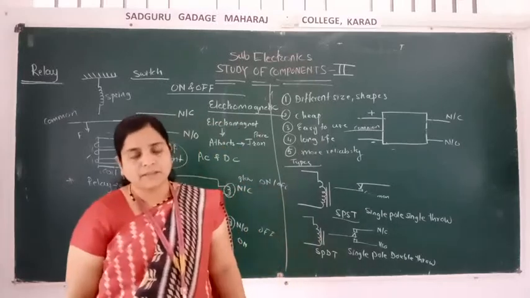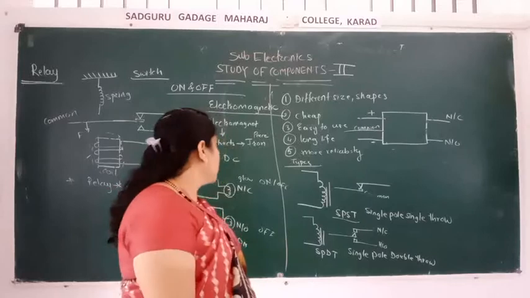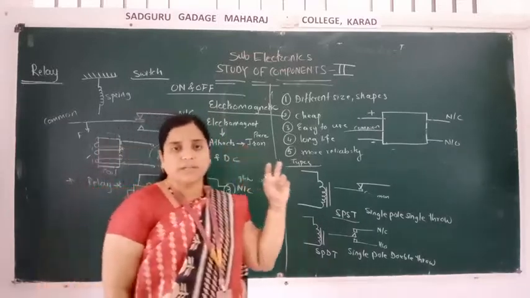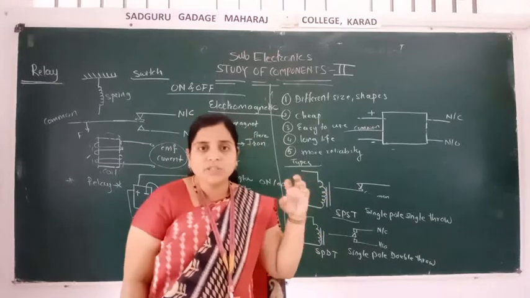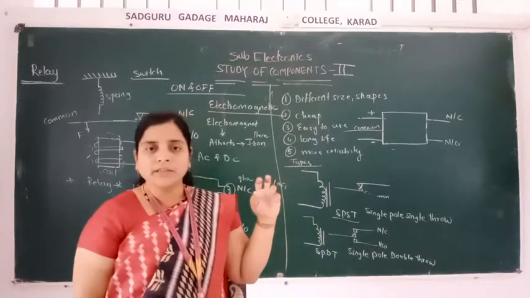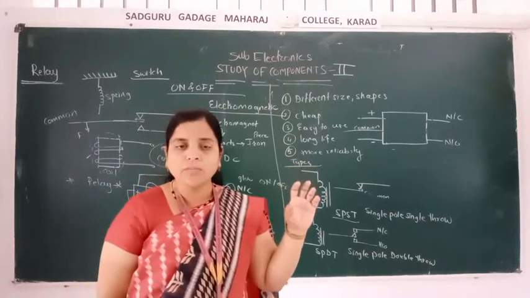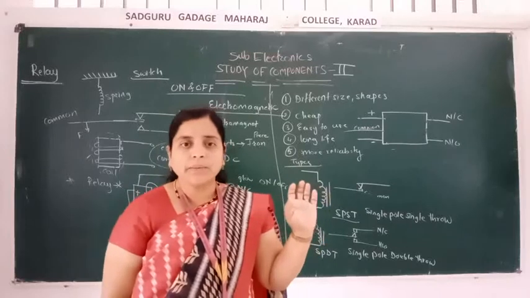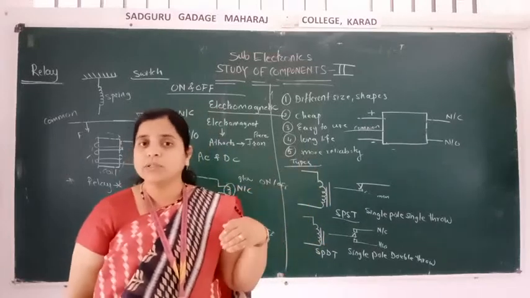Best example for this relay is our inverter or battery which we use in our homes. Okay. So what happens in the inverter? If you have an inverter at your home, if power is off or MCB supply is cut, then what happens? It automatically connects to the battery.